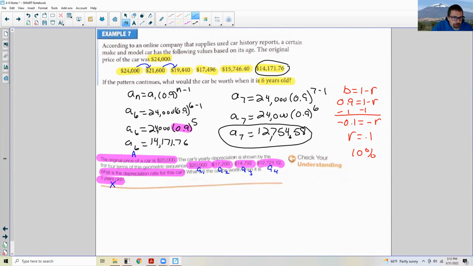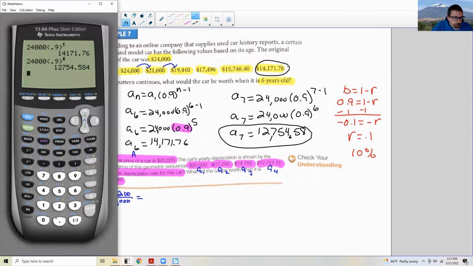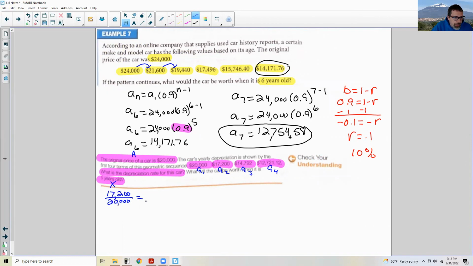So it says it is a geometric sequence, we don't need to check, but we want to find what the common ratio is. So I'm first going to start with the second term divided by the first term to get my R. So 17,200 divided by 20,000 is 0.86. Okay, so my R is 0.86.